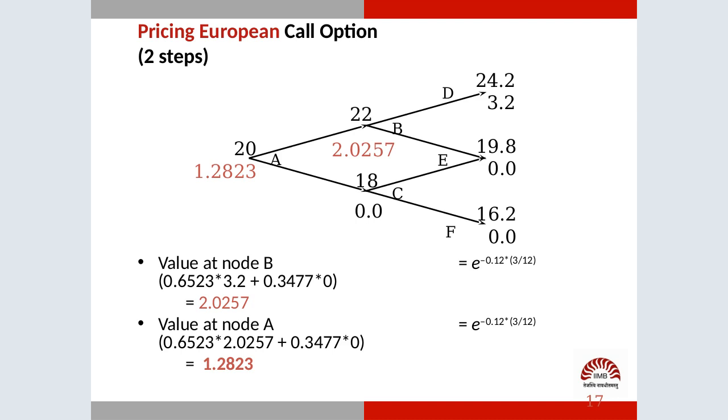My benefit is 3.2, because I will be able to buy it at 21 when the market has gone to 24.2. So I will actually benefit by 3.2. When the market goes to 19.8, I will not exercise it and therefore I will not have any benefit. And similarly, when it goes to 16.2, the same story will hold. I will not do anything.